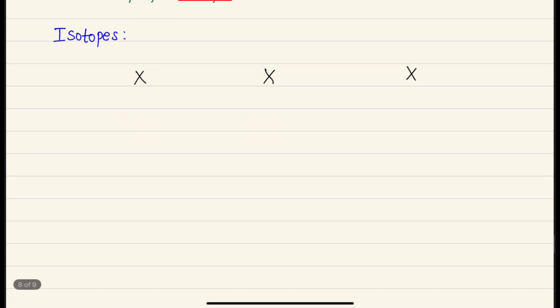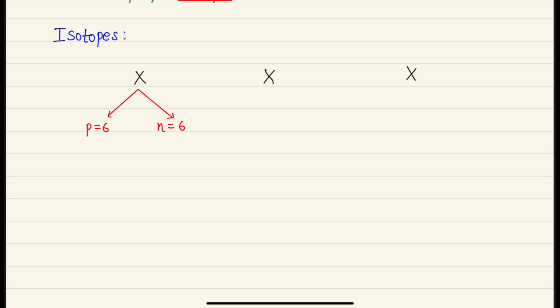Now suppose this element X has number of protons equal to 6 and number of neutrons equal to 6.